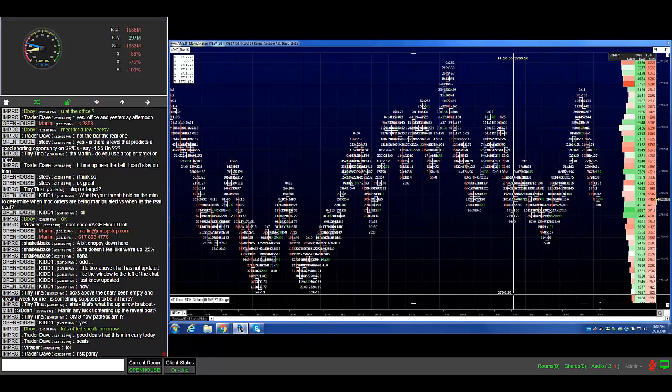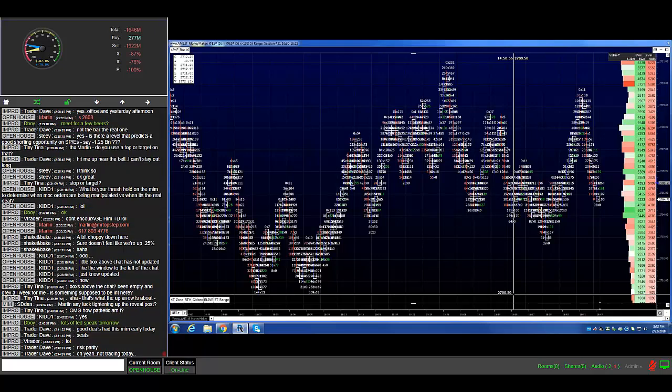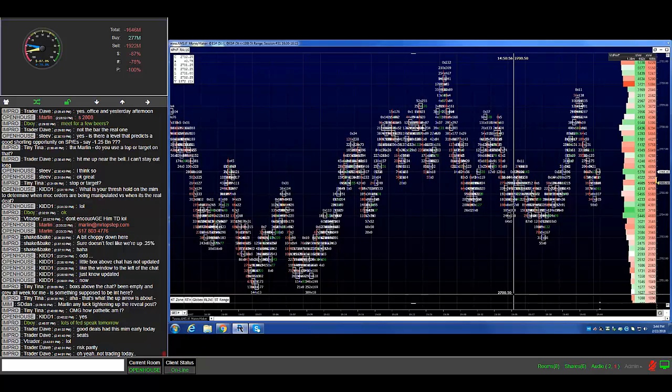$1.6 billion. $240 symbols to the sell side, 69 to the buy.